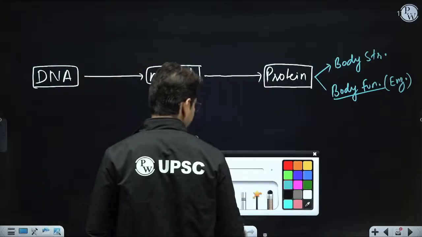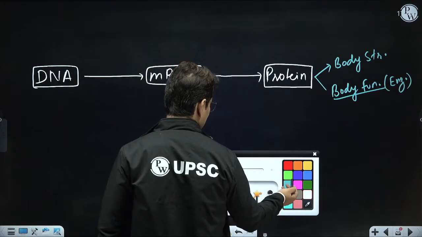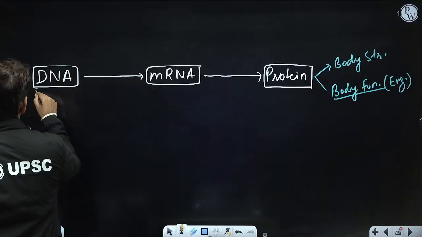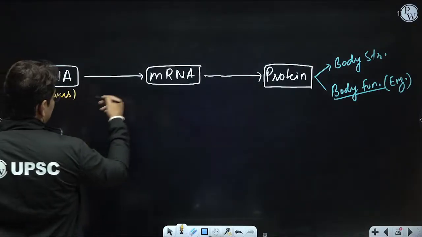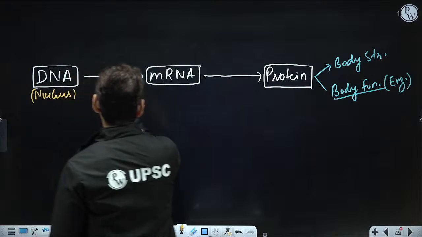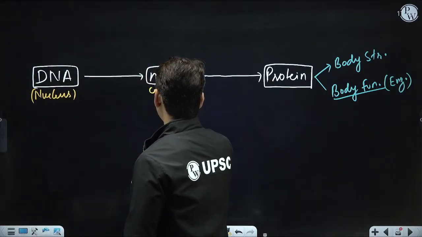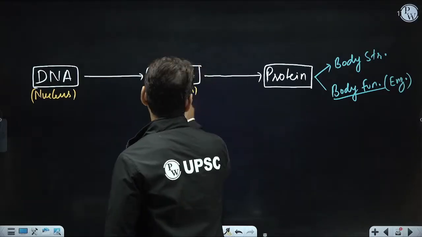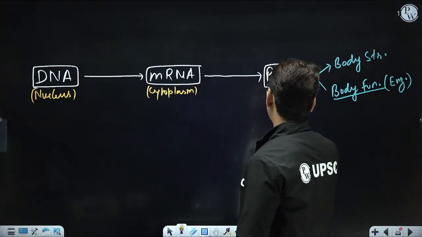Now you remember, where is DNA? So DNA is at the nucleus. Messenger RNA will come out of the nucleus. It will come into the cytoplasm. In the cytoplasm, it will carry the information. And who will make the protein? Ribosome.